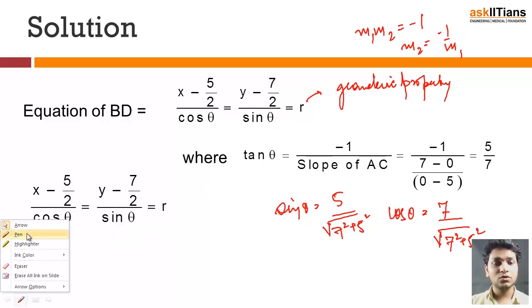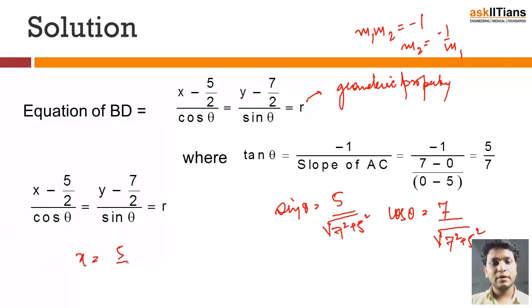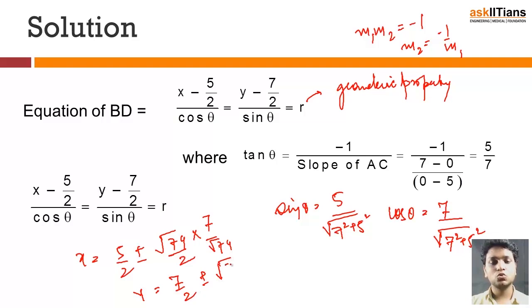So the final points of the extremities are nothing but x equals 5/2 plus minus root 74/2 into cos theta, where cos is 7 by root 74, and y will be nothing but 7/2 plus minus root 74/2 into 5 by root 74.